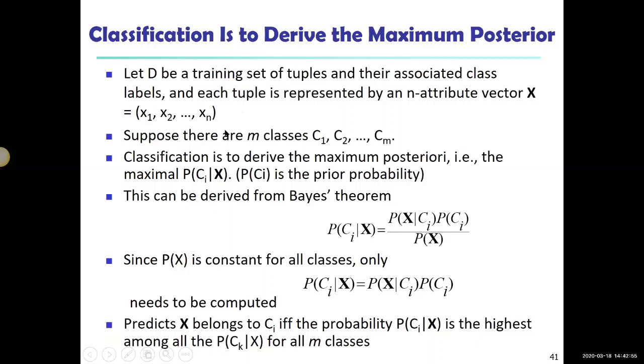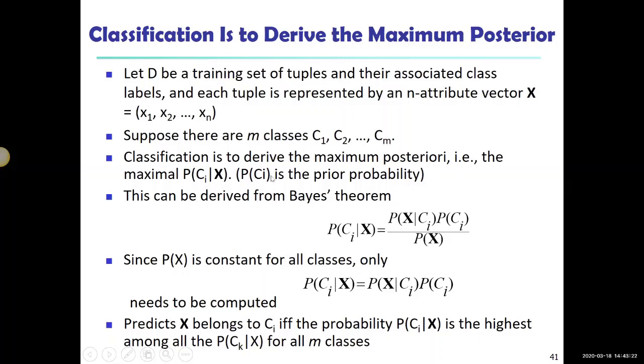Suppose those observations belong to m different classes, so we have those classes. In naive Bayesian, classification is derived by computing the maximum posterior probability: given x, given this observation, what's the probability for this observation to belong to class Ci?